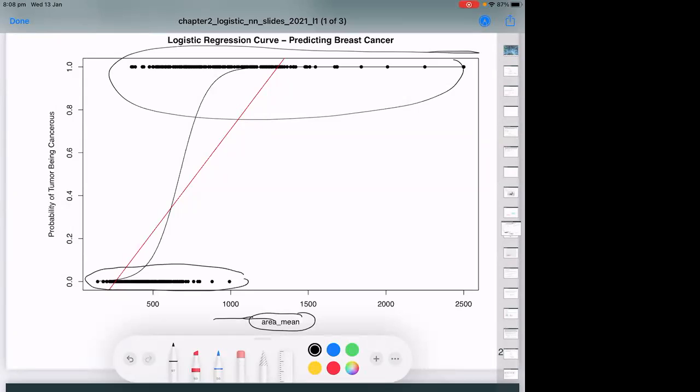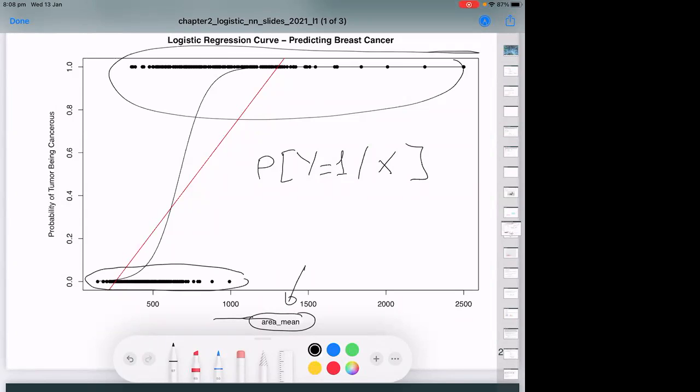I want to see if this feature can be a good predictor to discriminate my two populations. With a linear logistic model, I try to predict the probability that my outcome is equal to 1, malignant, given some features. Here I have just one feature, given X.